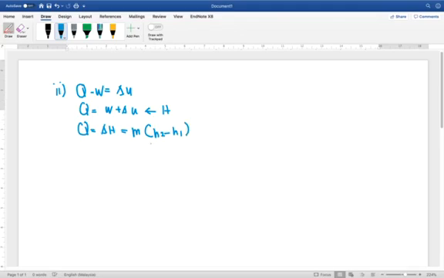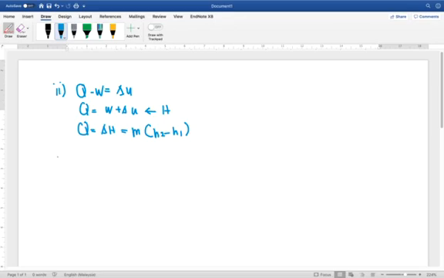H2 and H1, we get these values from the property table. We cannot use the gas formula. Please be careful. Find h from the property table.